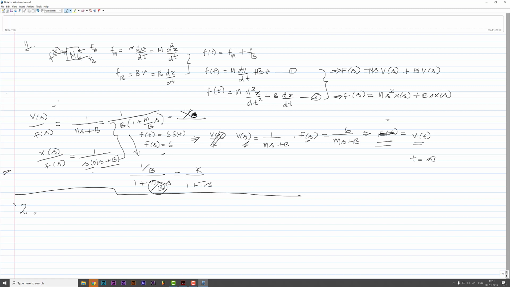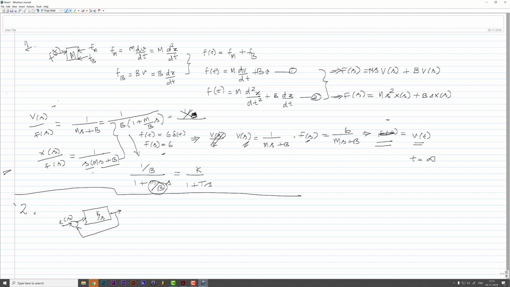So we will just move on to problem 2. Here a block diagram is given: k by s, there is an input, there is an output, and this is E of s, with unity feedback.